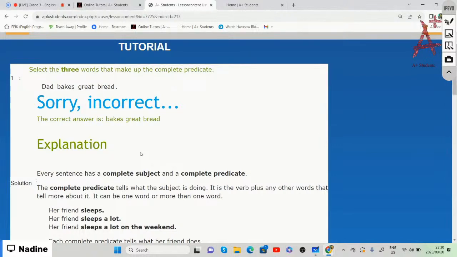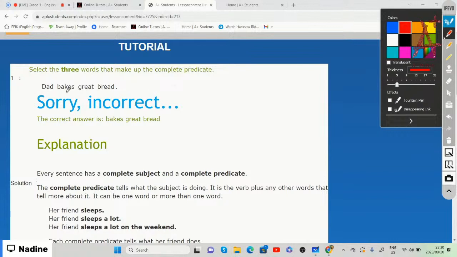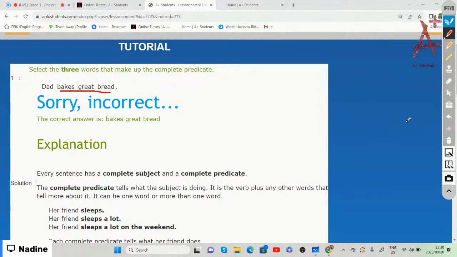So if they want 3 words, right, which means that our subject will be on the one side. And then our predicate is bakes great bread.